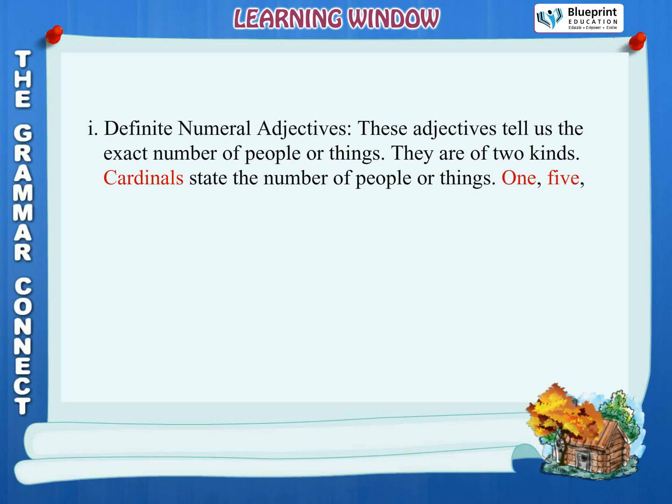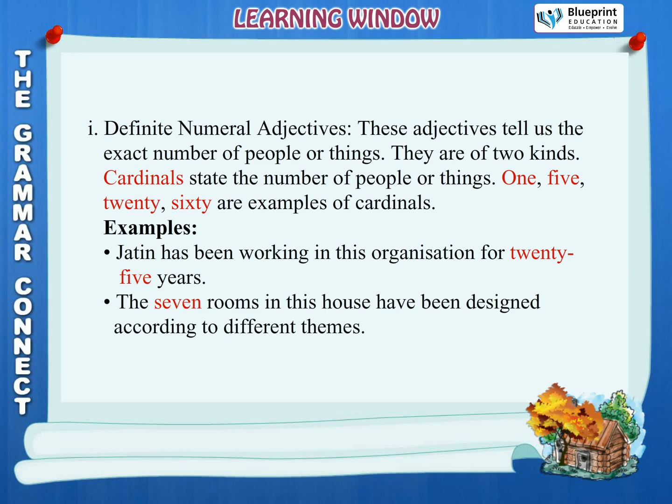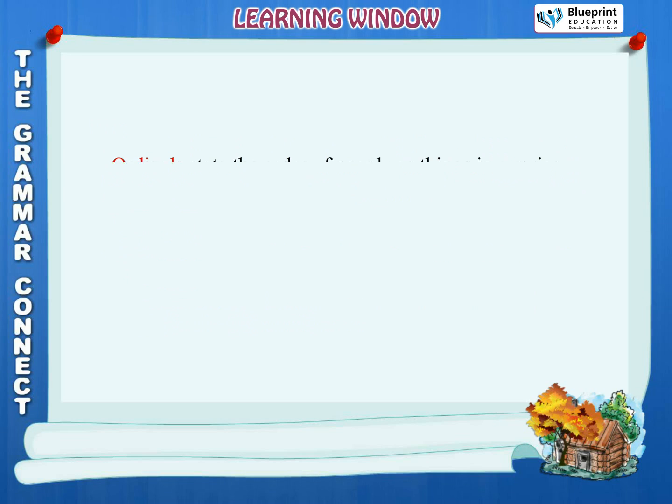Cardinals state the number of people or things. 1, 5, 20, 60 are examples of cardinals. Examples: Jatin has been working in this organization for 25 years. The 7 rooms in this house have been designed according to different themes.